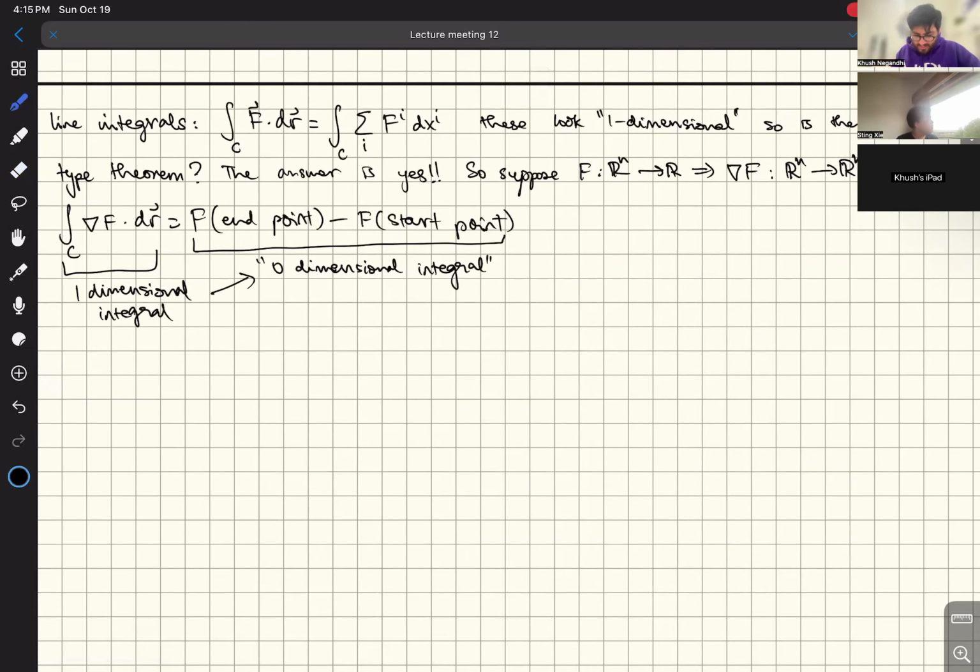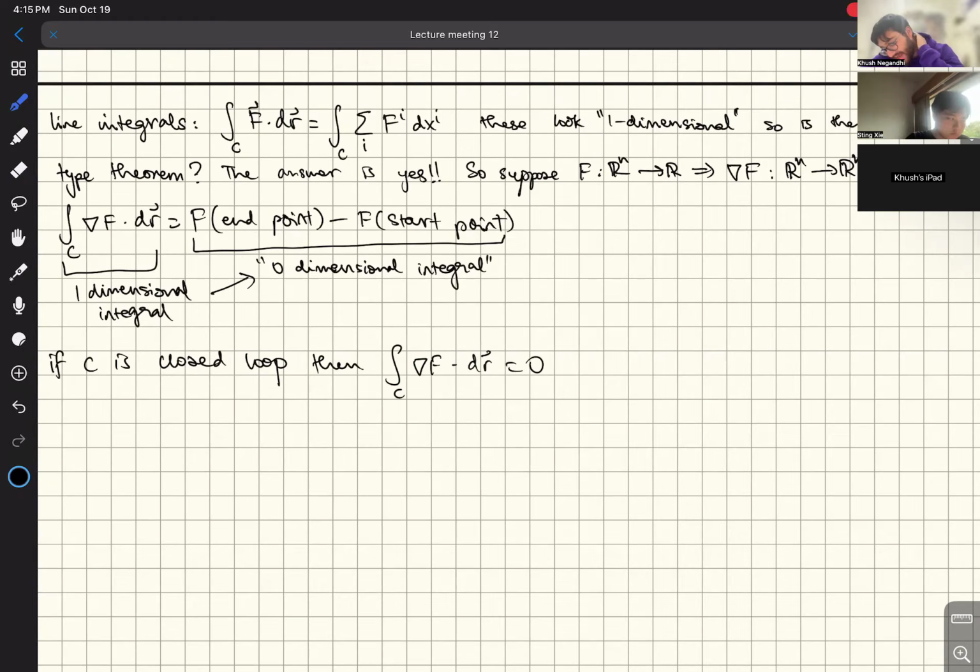Also, one thing I want to notice is that if c is a closed loop, then the integral over c of the derivative of something is zero, because the start point and the end point are the same.